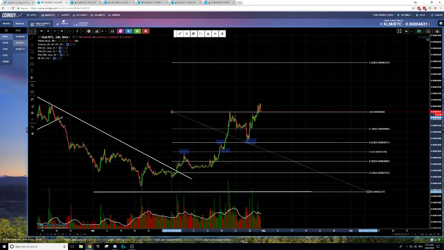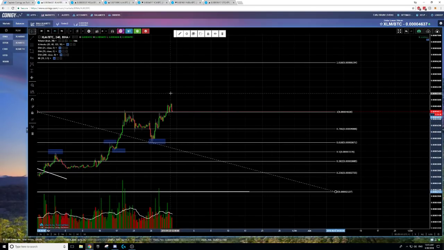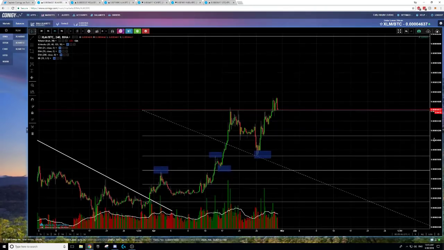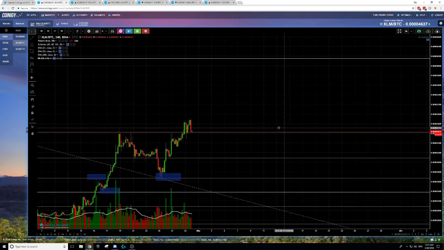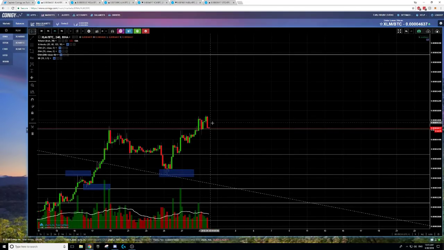What might be happening is we bounced off of it, we came back down, we had a retracement to the 618 level, and then we broke out. This happens a lot of the time during breakouts: it breaks out and then comes back and retests the resistance as a support. I'm looking at a 4-hour time frame.